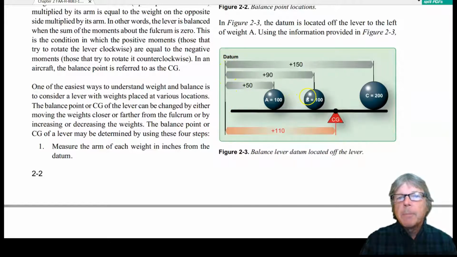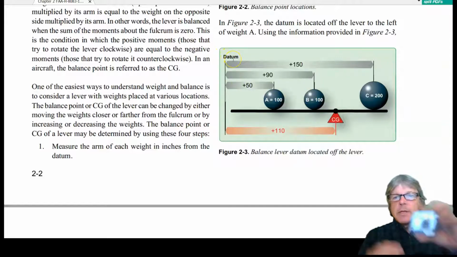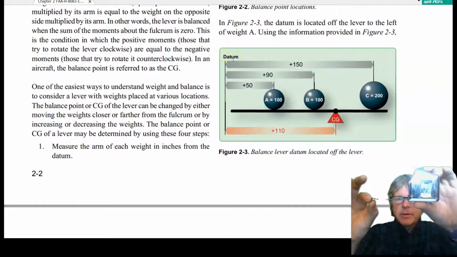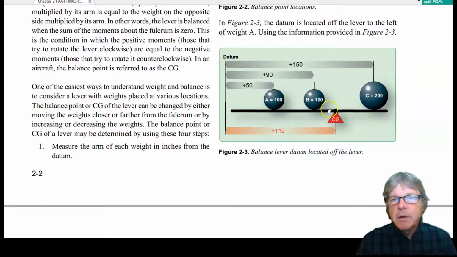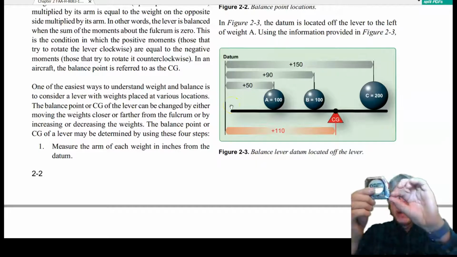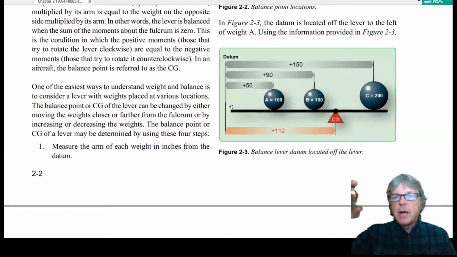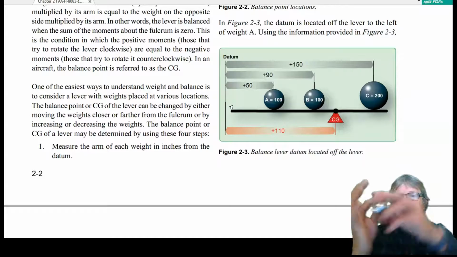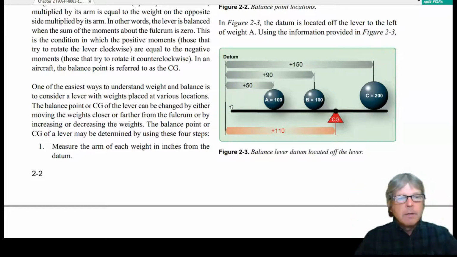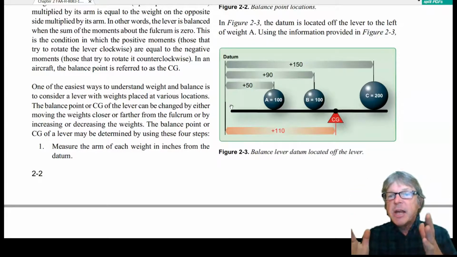All your numbers are going to be positive, because instead of measuring from the center of the pivot point, they said let's measure from here. Because the datum is only the end of the tape measure, I can measure from the center or from this side. The length has not changed, but where I'm measuring it from has.